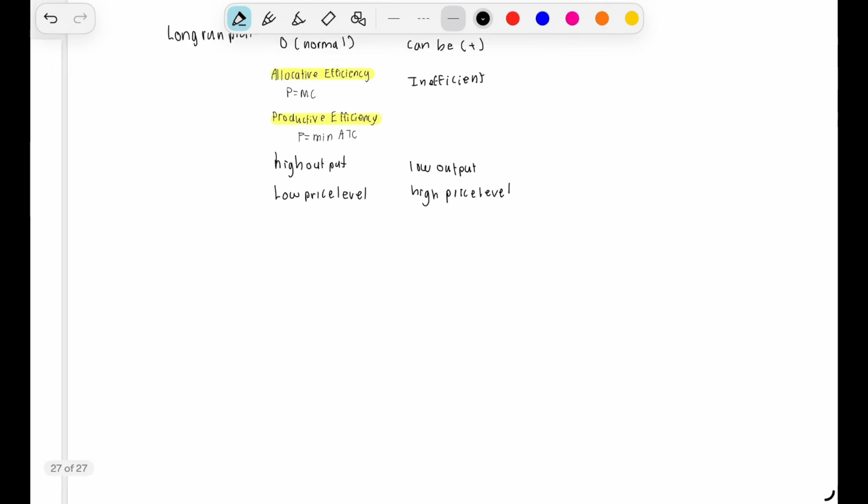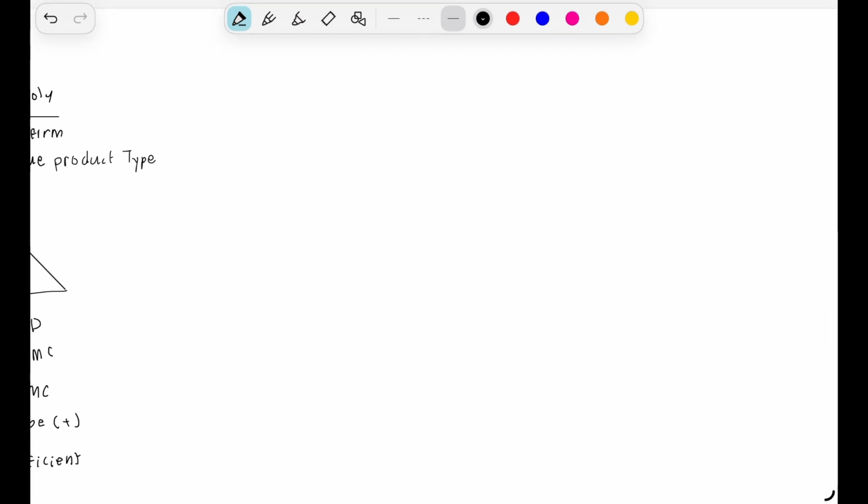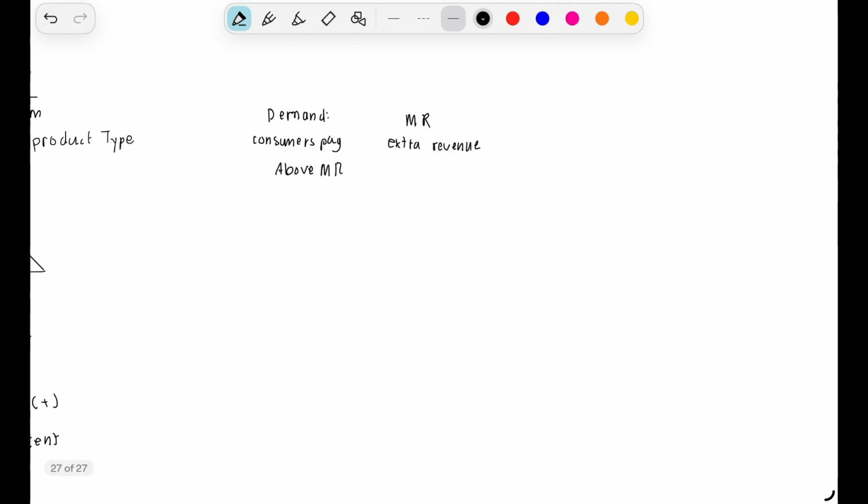Now, let's talk about some graph relationships. When you have demand, that's what your consumers pay. And it's going to be above your marginal revenue. Marginal revenue is your extra revenue.